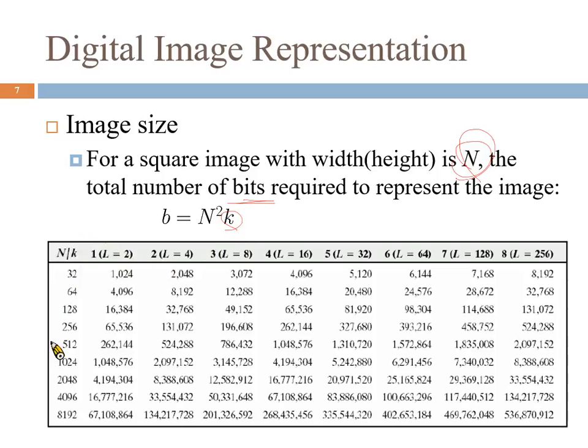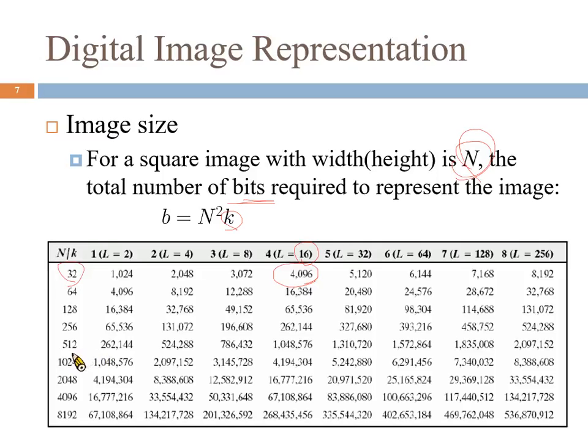So here is a table showing how many bits are required to represent images of different sizes, like to represent a 32 by 32 image. If we allow 16 gray levels, then we will need more than 4,000 bits to store this image.